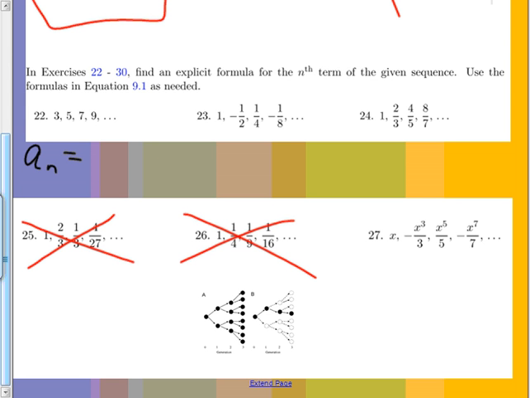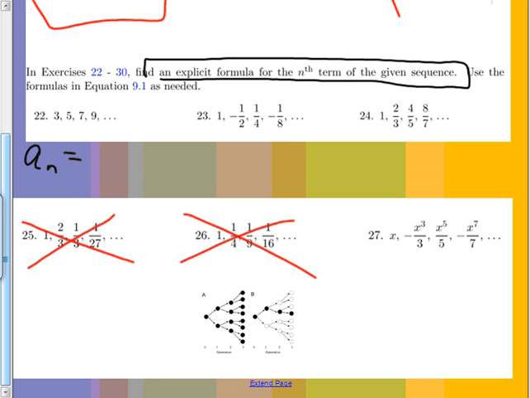Here, it says, find an explicit formula for the nth term of the given sequence. See, this isn't just like find me the third term. That'd be easy in your head. But do you get that the formula is this formula? A sub n equals a plus n minus 1 times what?